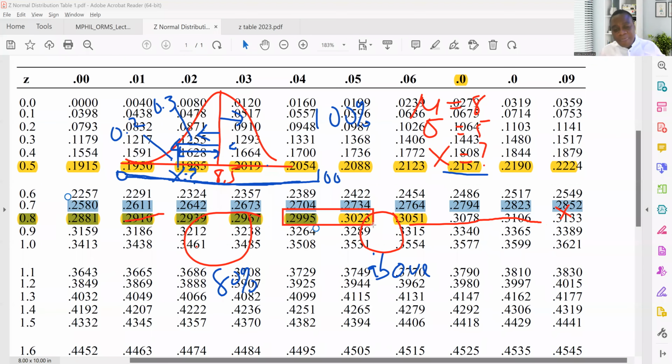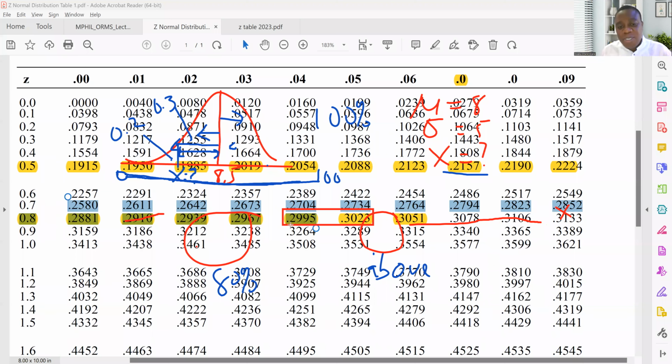How do you know this? The only way you can tell by yourself mathematically is to subtract 0.3 from each of the two numbers and take the absolute value.